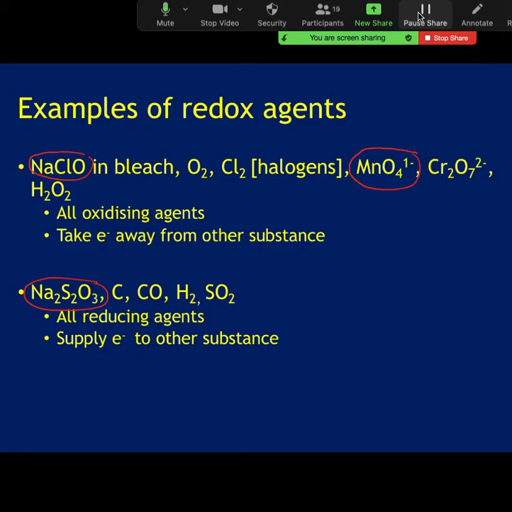So these guys are all oxidizing agents because they gain electrons, and these guys are all reducing agents because they lose their electrons. Our practical that we do is based on the halogens. So we'll have another example of when we get there.